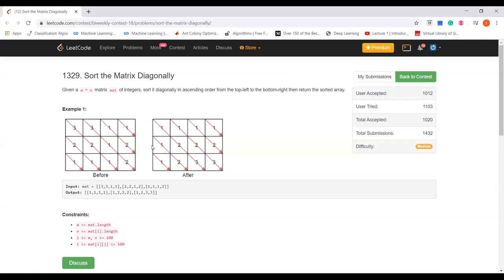So in the answer we need 1 comma 2, and similarly 1 2 3 1 2 and 1. We'll have to sort it this way diagonally. I was able to manage getting answers for most of the cases, but I failed for a single case. I'll share that case with you too.